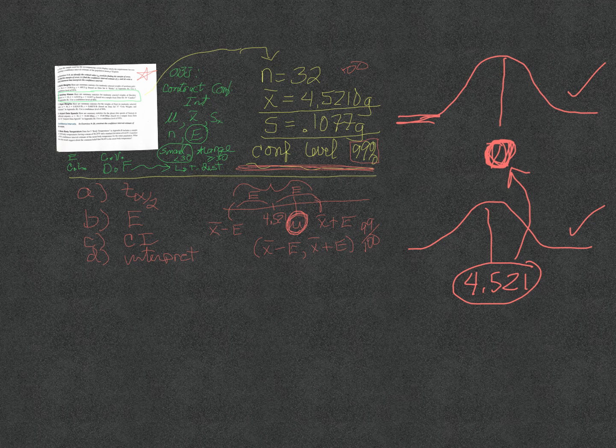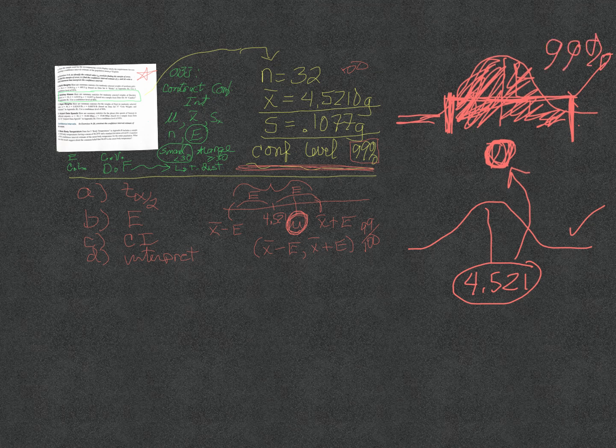If I make a 99% confidence interval, that means everything in between here. If I color in between these two lines, that's 99% of everything. Outside this, I have 1%, which gets split into two pieces, 0.005 and 0.005.